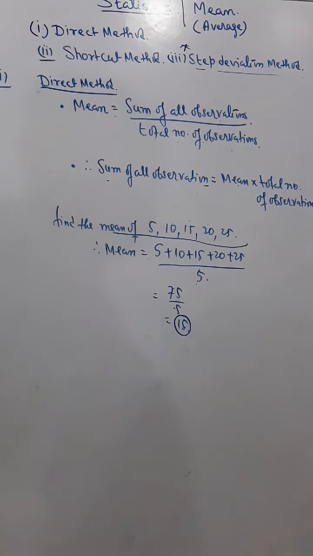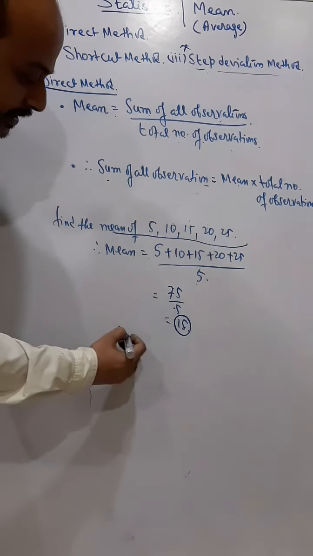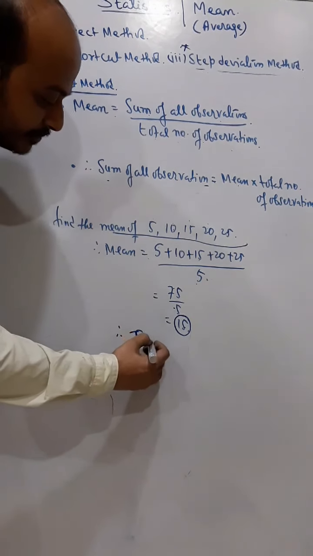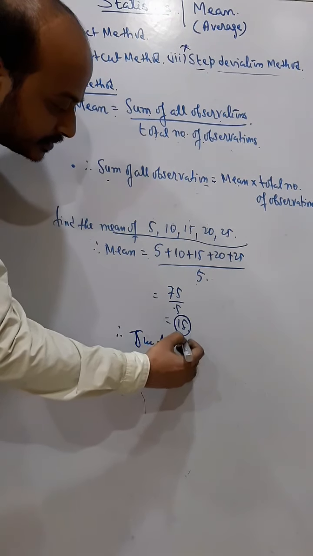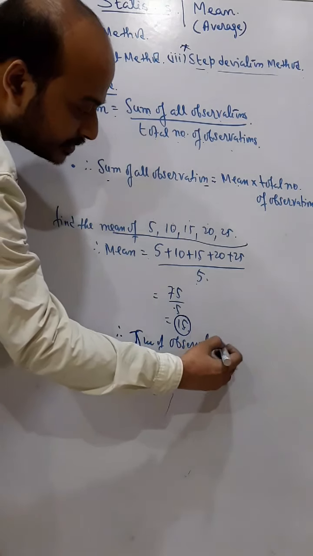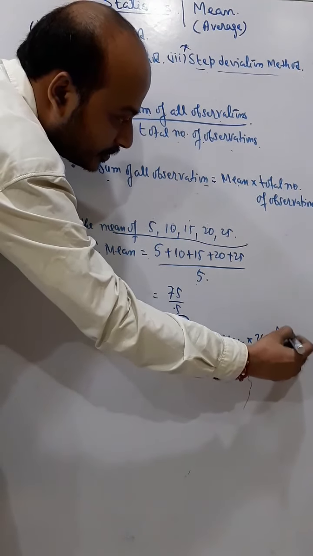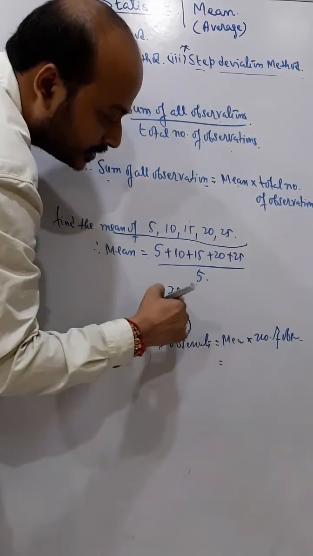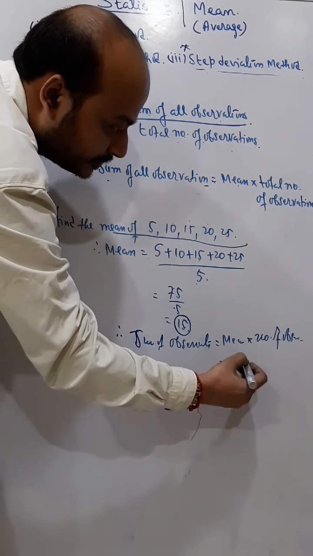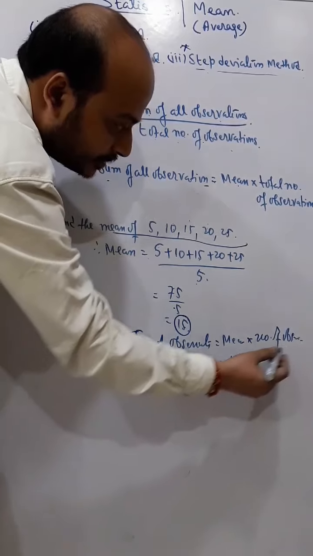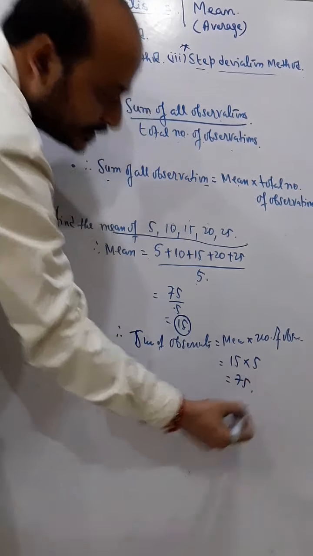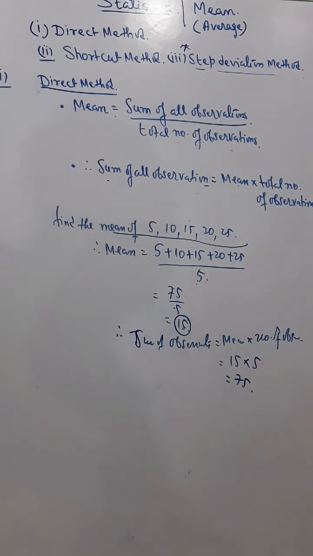Here also we can say that the sum of observations is equal to mean into number of observations. The mean we got is 15, the number of observations was 5, and it is 75.